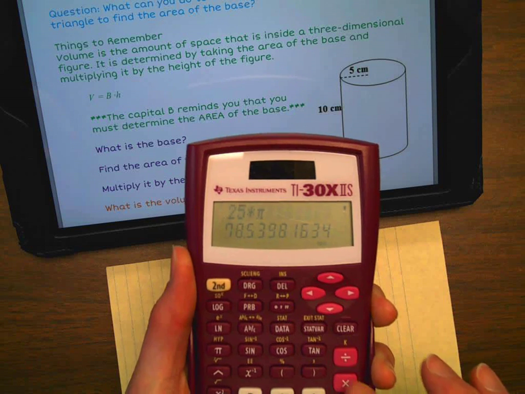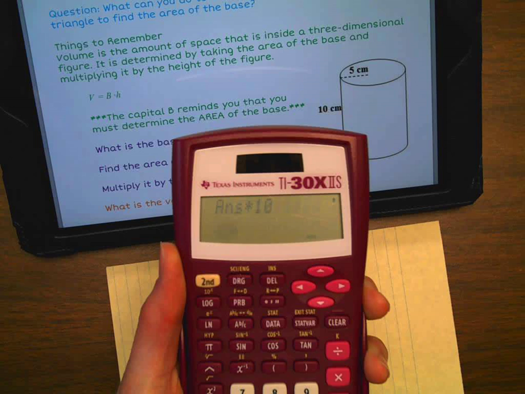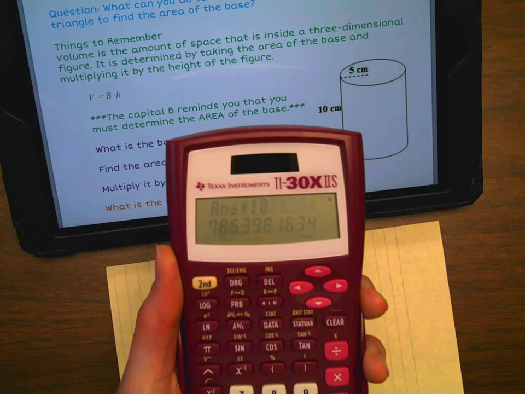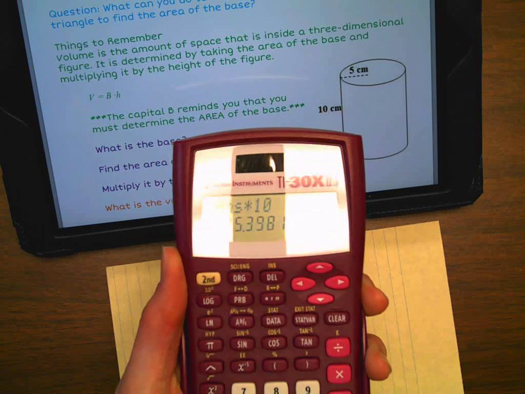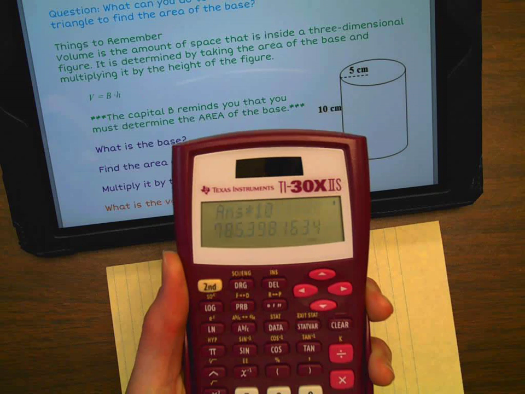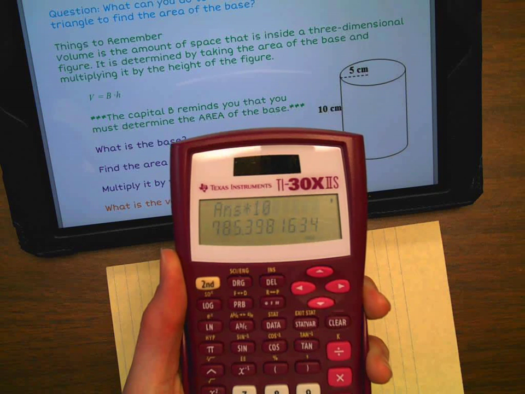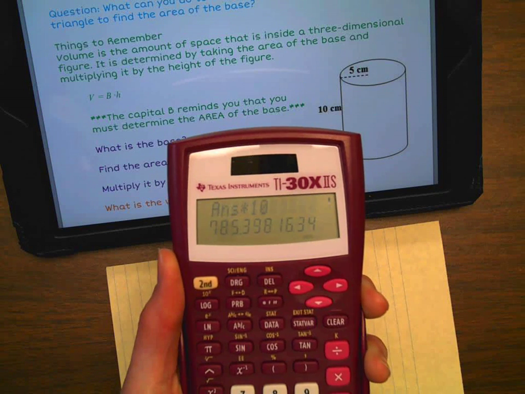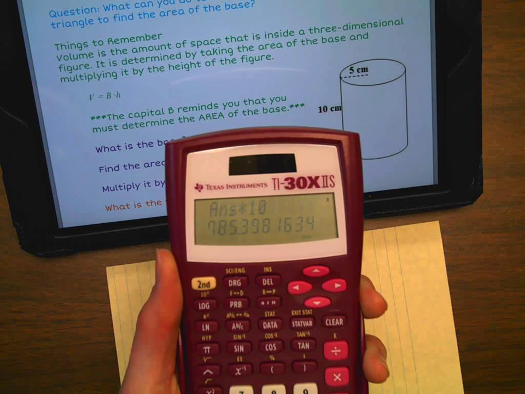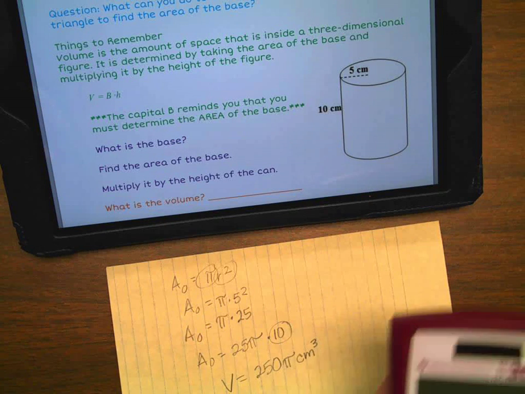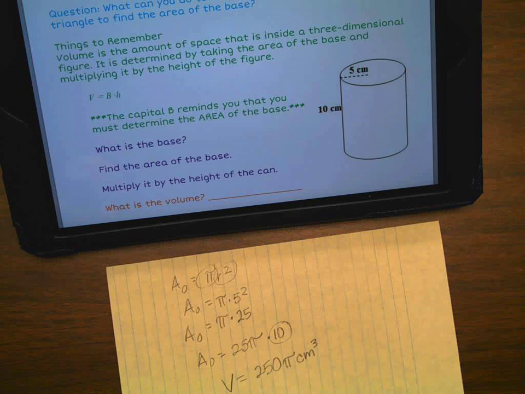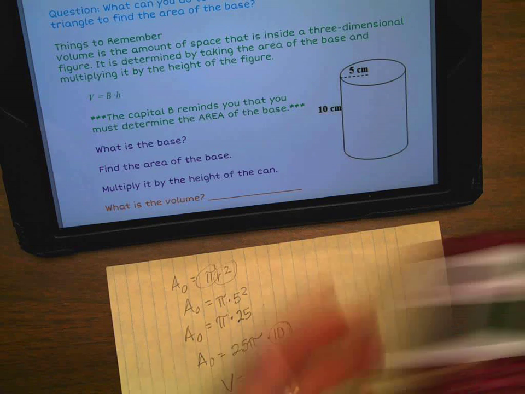And then you take that number and you multiply it by 10, because that's the height. And now we know that the volume for this cylinder is 785.4, because we're going to round, centimeters cubed, or 250 pi centimeters cubed.